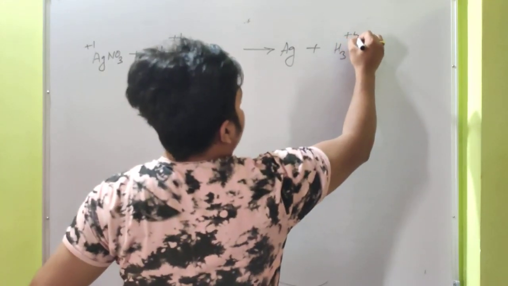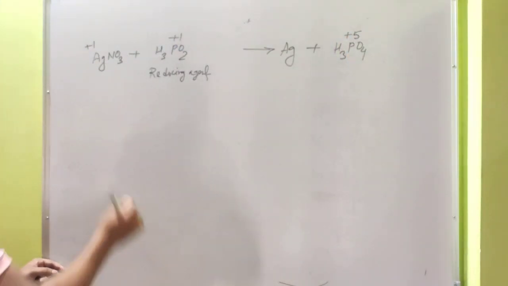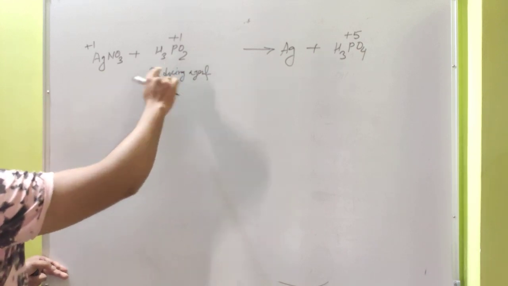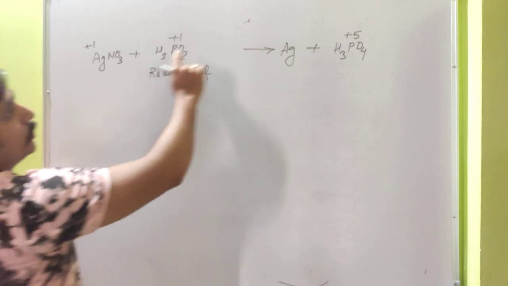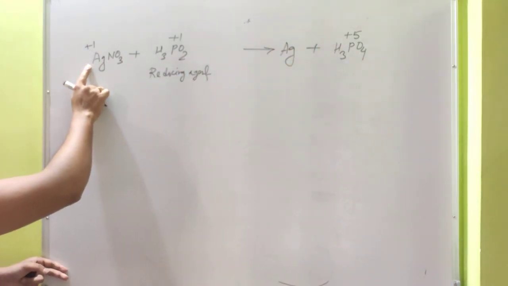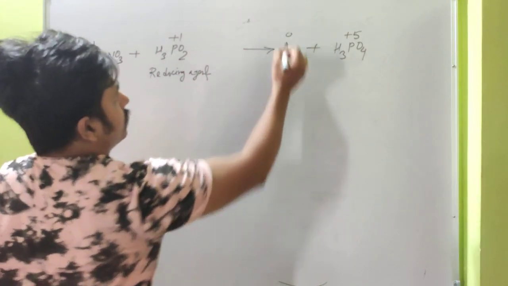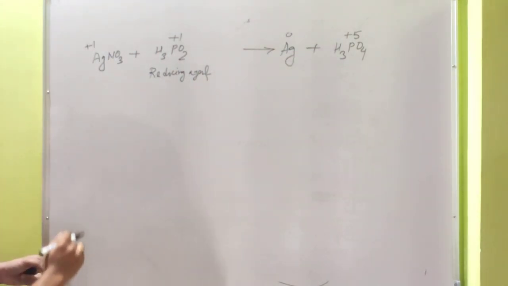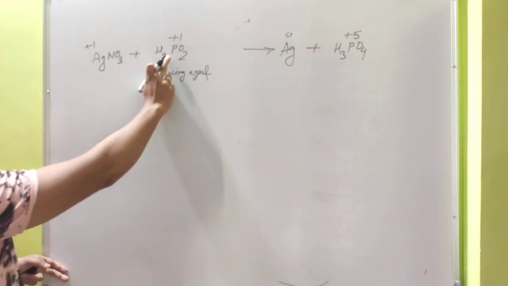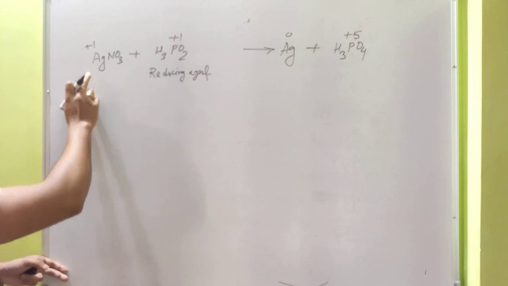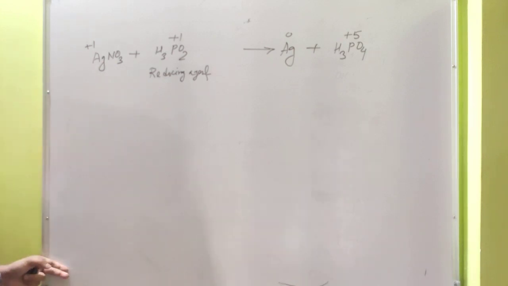Okay, what you can see? You can see phosphorus undergoes oxidation from +1 to +5. Silver undergoes reduction from +1 to 0. So it is a reducing agent. How many electrons are lost by phosphorus? 4 electrons. How many electrons gained by silver? 1 electron.